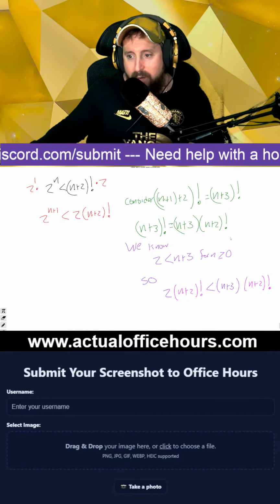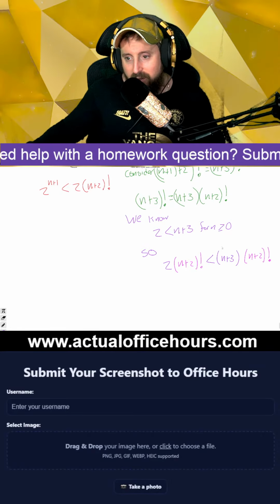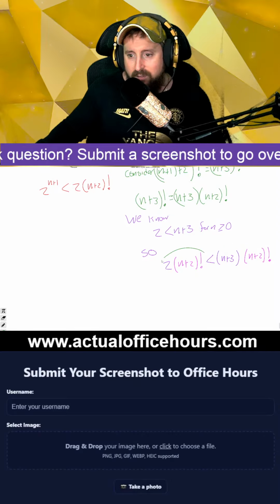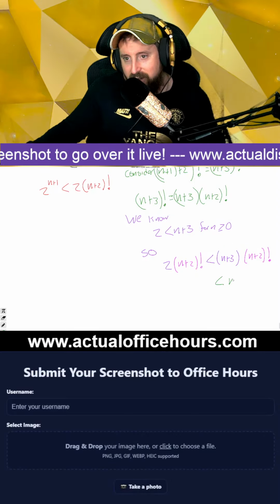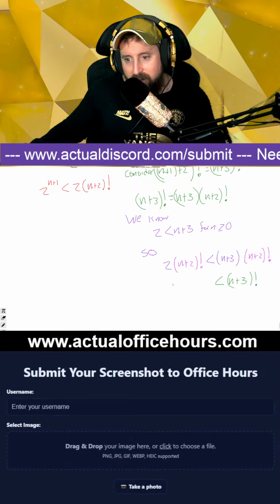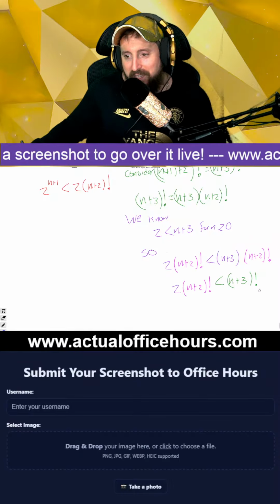Oh, wait. But this right here is n plus 3 factorial. Oh. Okay, so this is less than this, but this is also less than n plus 3 factorial. Okay. Whole thing here.